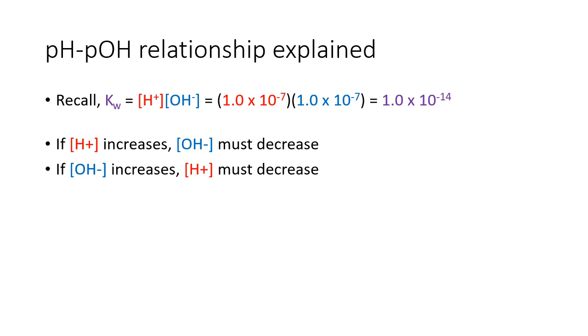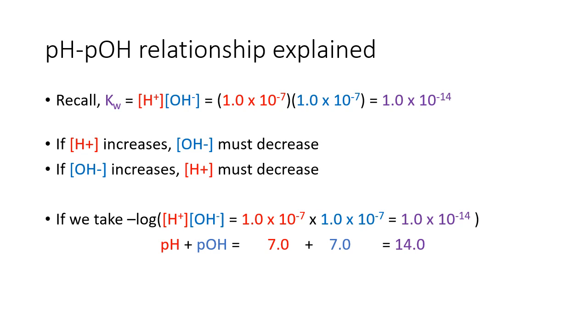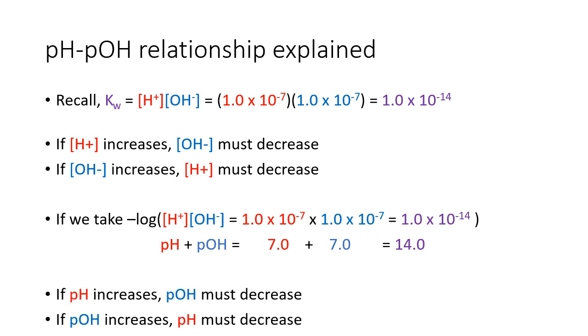Now a neat little trick we can do with this is if we take the negative log of our entire equation, so H plus times OH minus equals 10 to the minus 7 times 10 to the minus 7 equals 10 to the minus 14, we get the pH plus the pOH equals 7 plus 7 equals 14. So that gives us our equation of pH plus pOH equals 14.